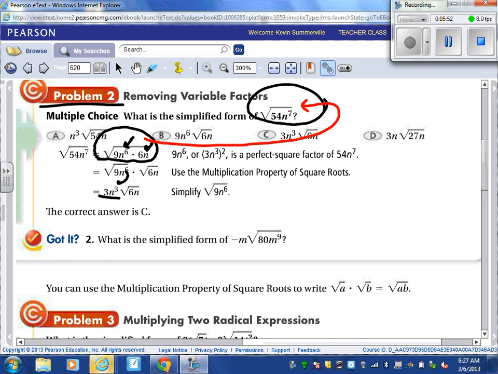And I'm left with the square root of 6n. So my final answer is 3 n to the third power square root of 6n.